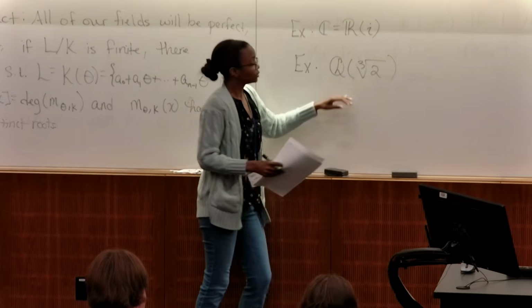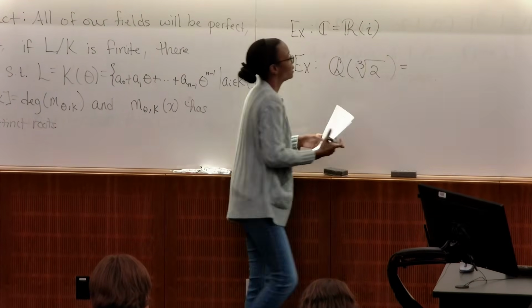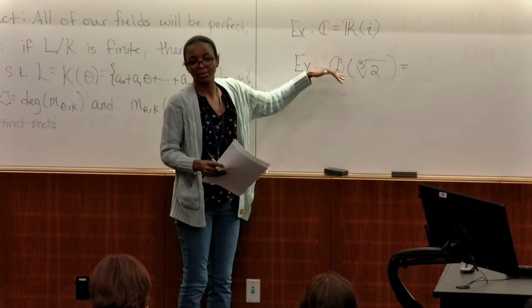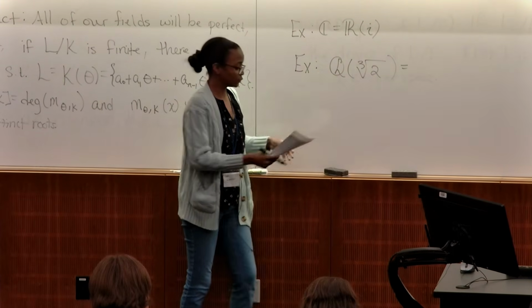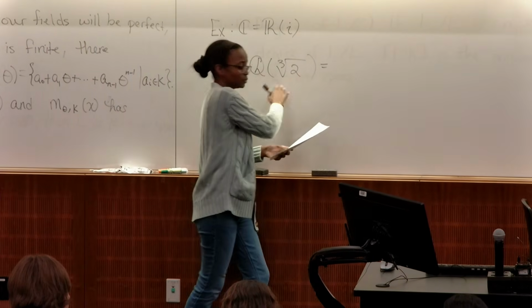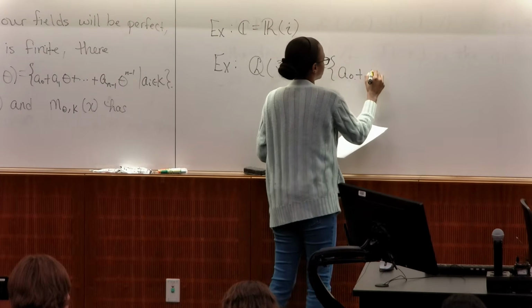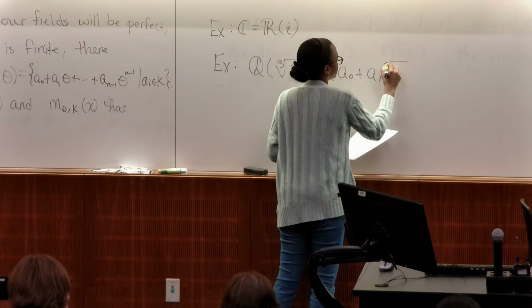If I adjoin to Q a cubed root of 2, and again by this I mean the smallest subfield, let's say, of the complex numbers that contains a cubed root of 2. And typically when I write this, I mean a real cubed root of 2. But we can express this as this business here.